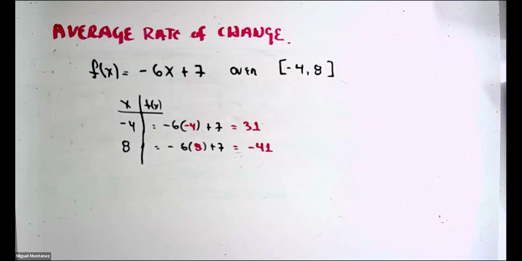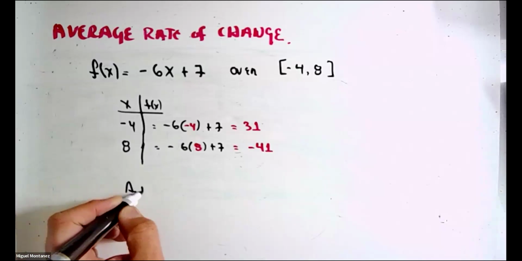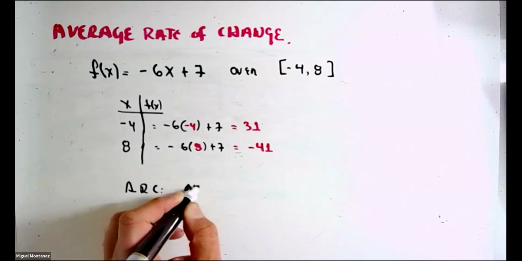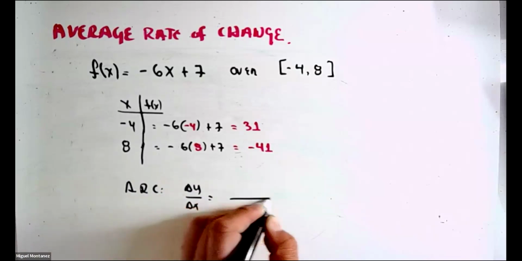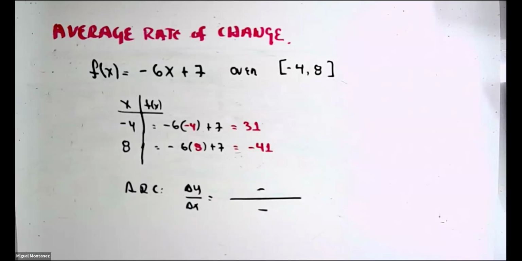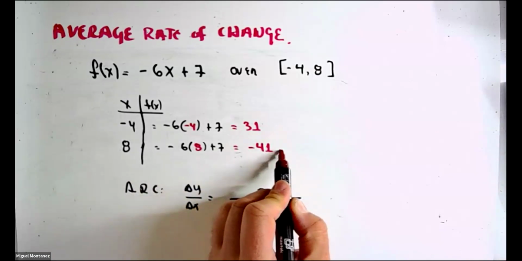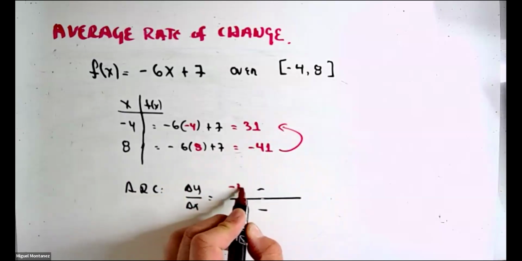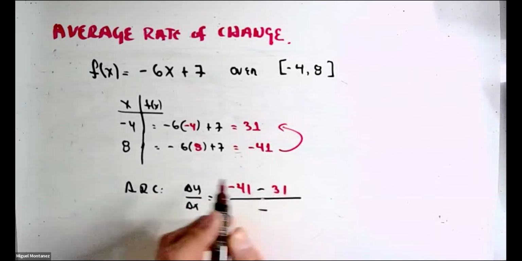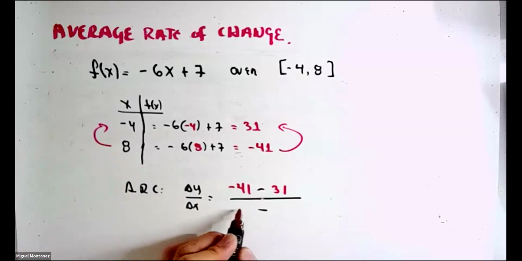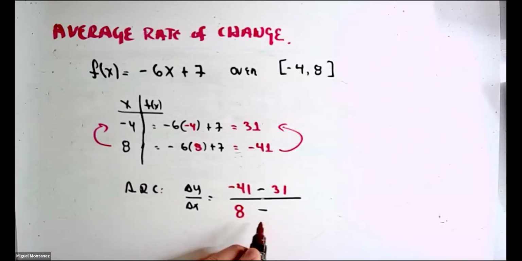Okay, so now let's find the average rate of change, change in y over change in x. So that would be, we are going from 31 to negative 41, so it's negative 41 minus 31 over 8 minus 4.